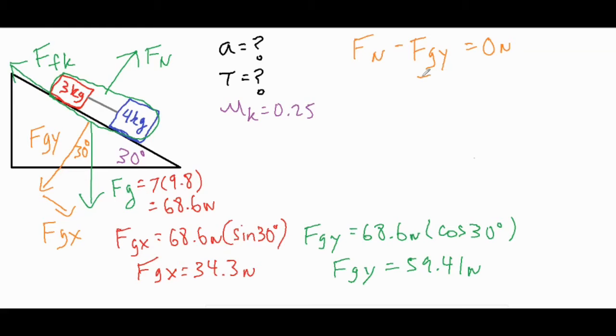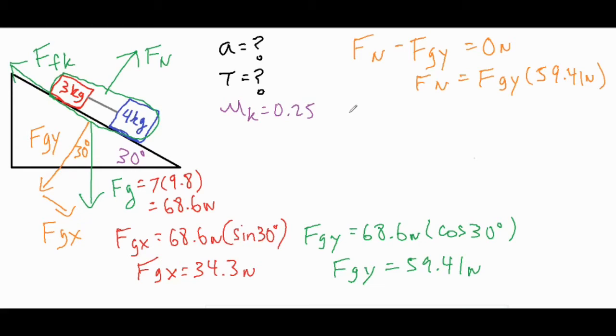So it's basically just telling us that Fn is equal to FGY, and we already know FGY is 59.41 newtons. So we basically have both of those. Okay, so our main focus is actually going to be everything in the parallel direction because the parallel direction is the thing that's going to give us our acceleration anyways.